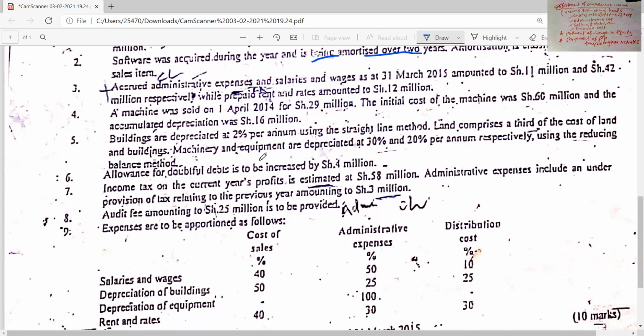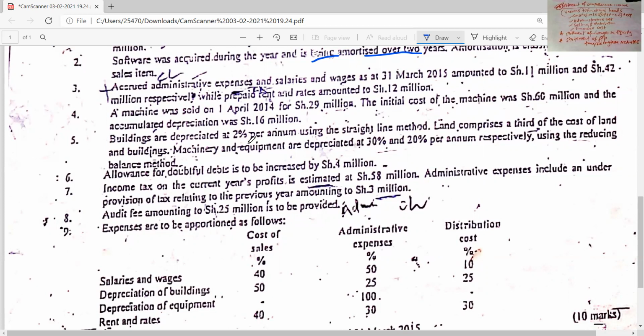Remember these, friends. When you are talking about depreciation methods, the common ones they use are the straight line method and the reducing balance method. For straight line, you just check the cost of that asset, like now the building at cost, and you multiply with the percentage, like now 2%. But what about reducing?